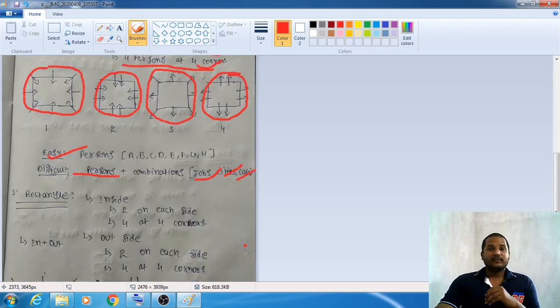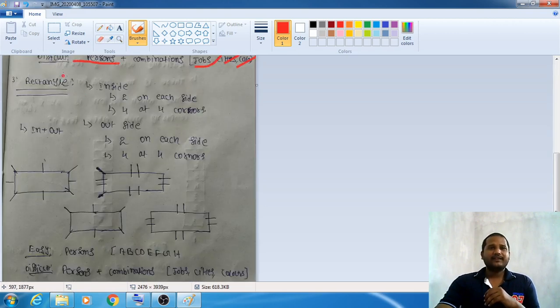So the third model is a rectangle. Rectangle is also the same: inside, outside, inside plus outside. Inside also has two types. The first is two persons sitting on each side of the table, and the next is four sitting at four corners.